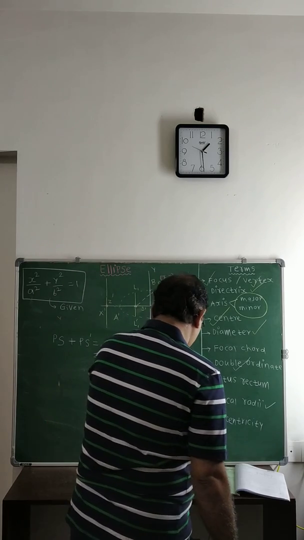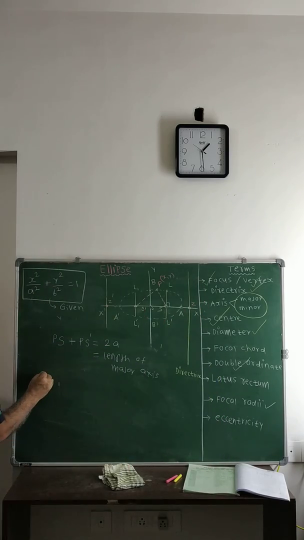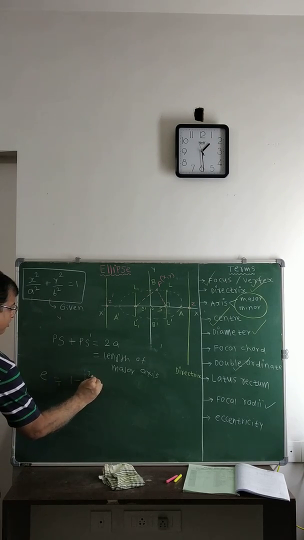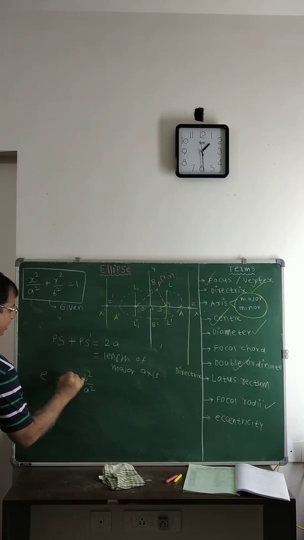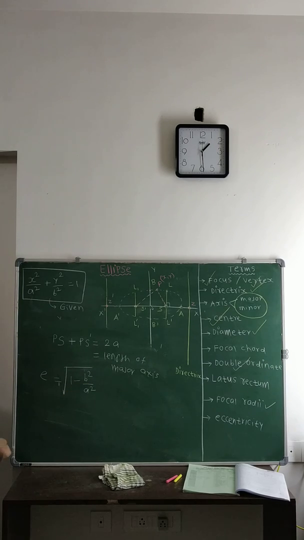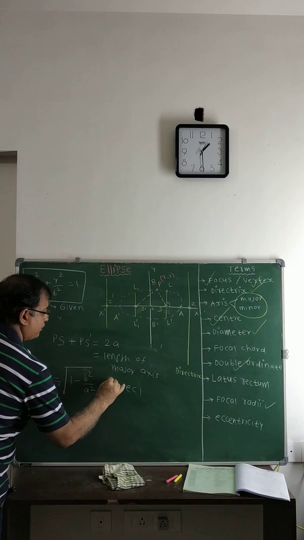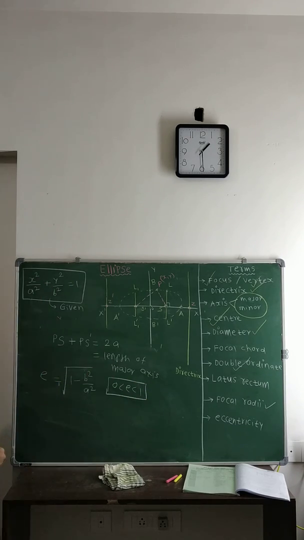And finally, that is called eccentricity. Eccentricity of the ellipse. Mathematically, it is given by this quantity. Remember, e always satisfies this restriction in case of ellipse.